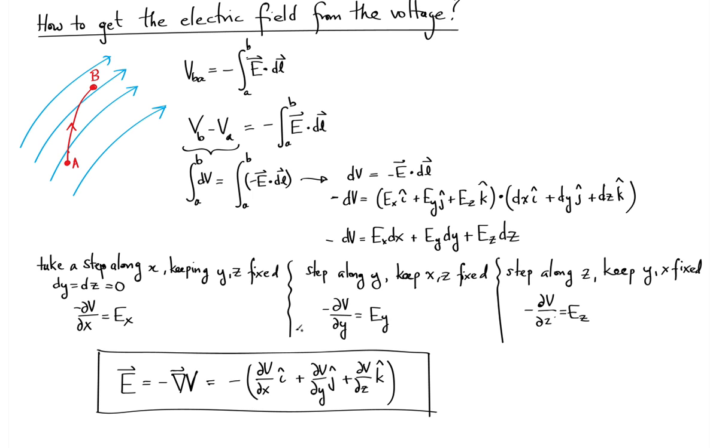All right, so the last thing I want to talk about in this video is the concept of equipotential lines. These are basically lines of constant potential, and how to read them and interpret them. So I'm going to set that up right now.